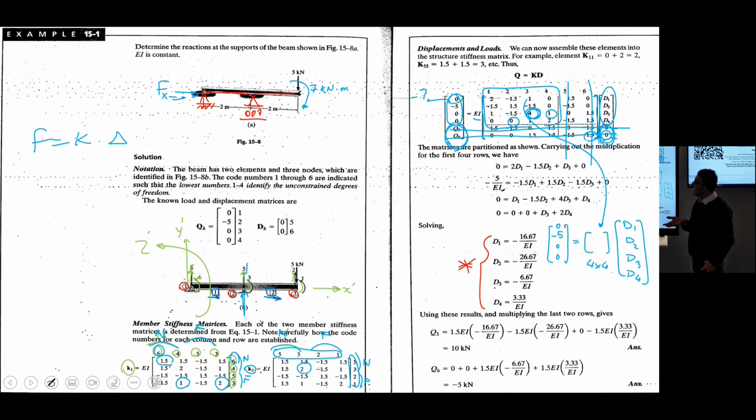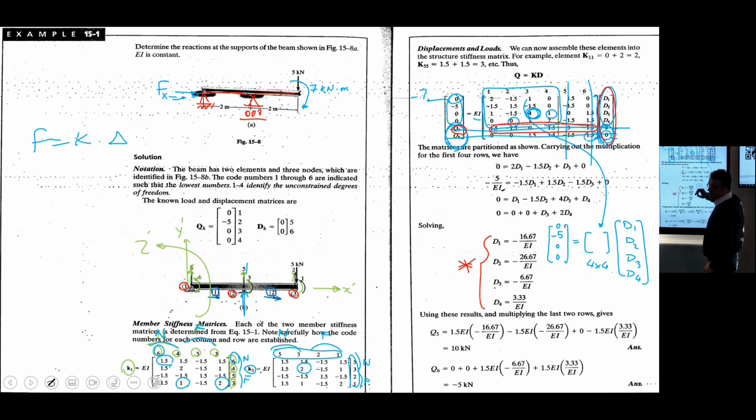If you want the support reactions, you need to go back and use those rows and columns you eliminated before. For example, Q5 is equal to this line multiplied by this line. Now you have the 1, 2, 3, 4, which means 1.5 multiplied by D1 minus 1.5 multiplied by D2 plus 0 multiplied by D3 plus 1.5 multiplied by D4. These two are zeros.